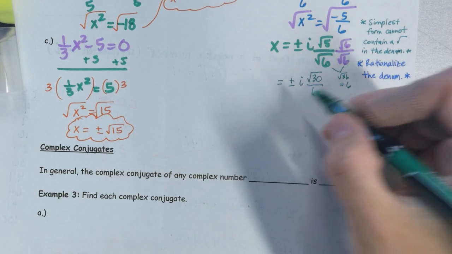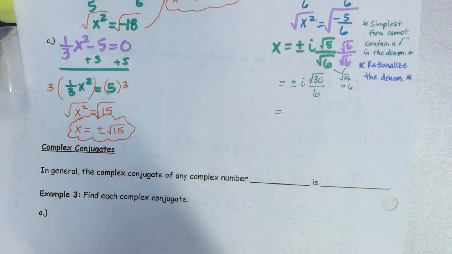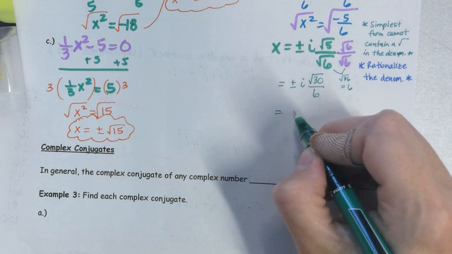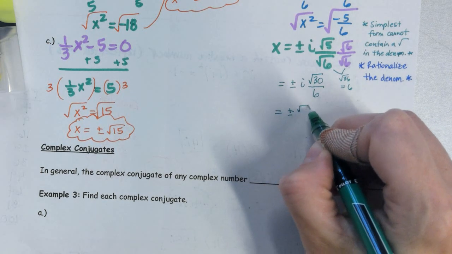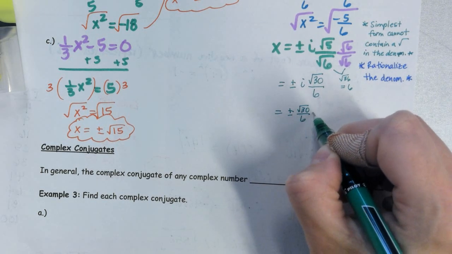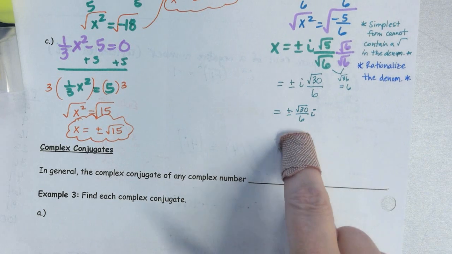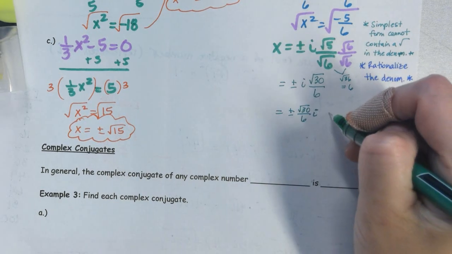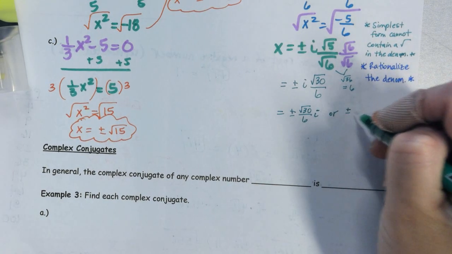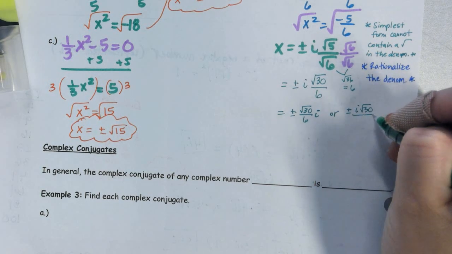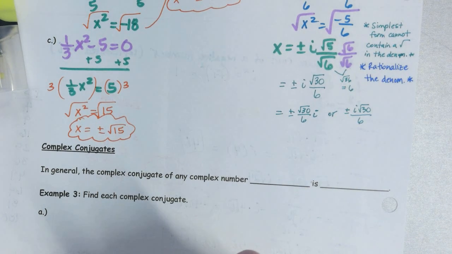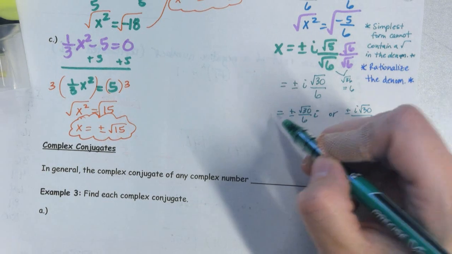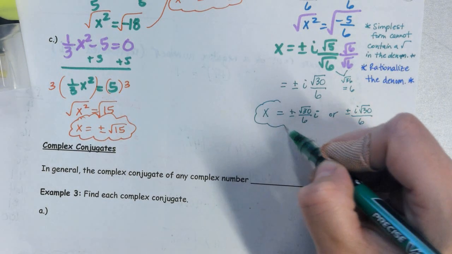One's in the radical. So your final answer, you can write this one of two ways. You can either write it as plus or minus root 30 over 6i, which is how you can see the coefficient. Or if you wrote it as plus or minus i root 30 over 6, I would count that correct as well. Okay, so I would count either one of those as correct.